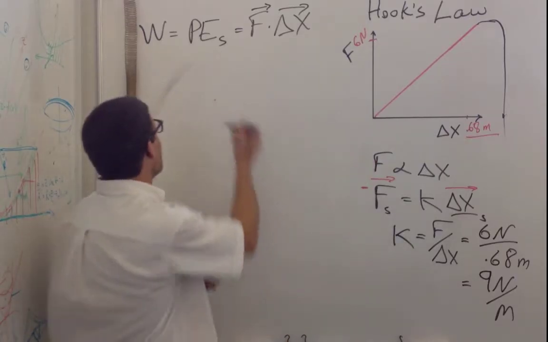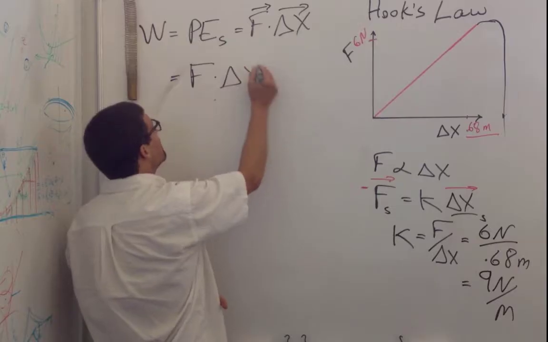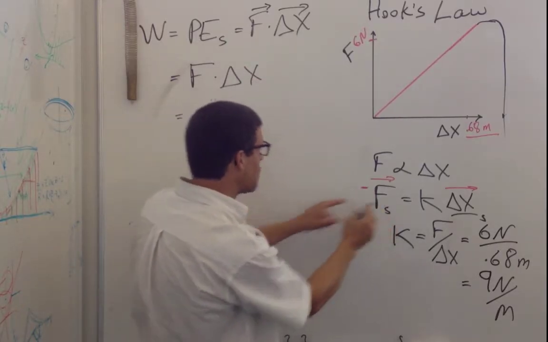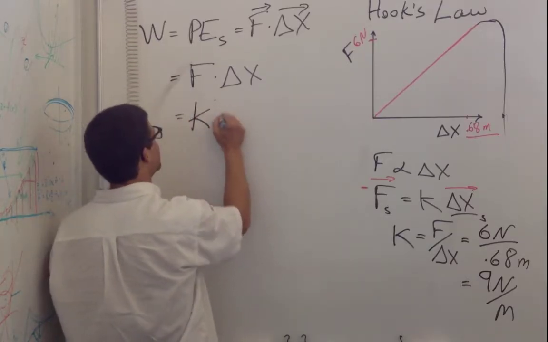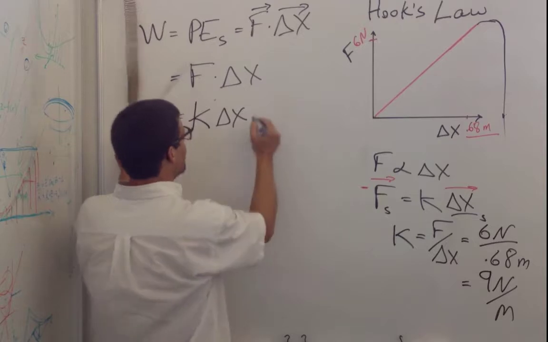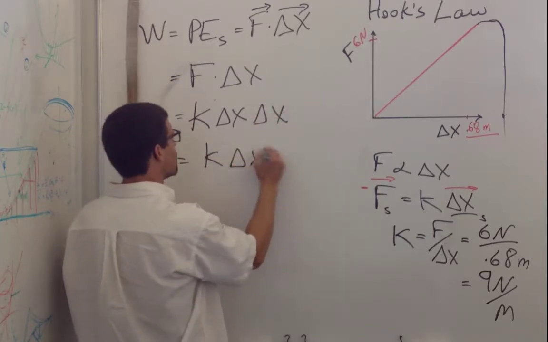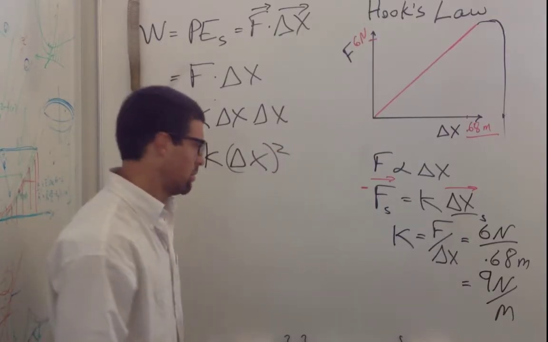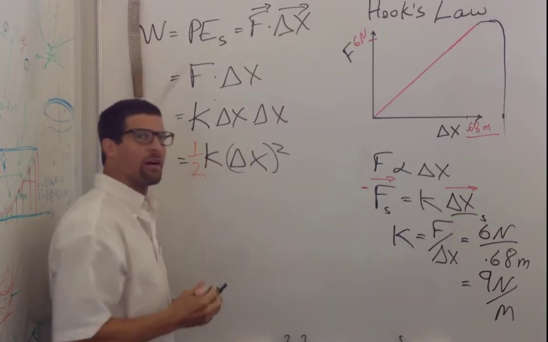So this isn't hard. I can just say it's the force times the displacement, and that's equal to, oh right, the force when I pull, which is k delta x, times delta x. And that's k delta x squared. That's wrong. It's actually 1/2 k delta x squared.